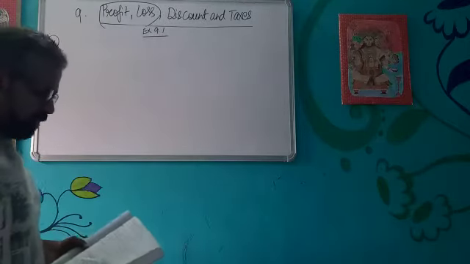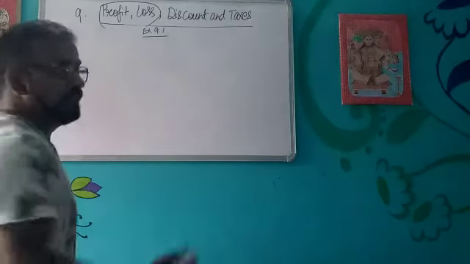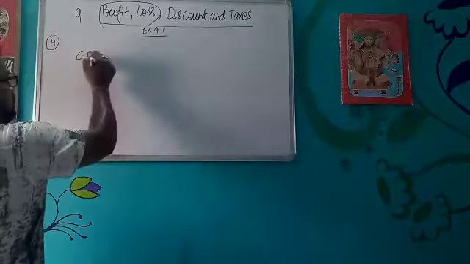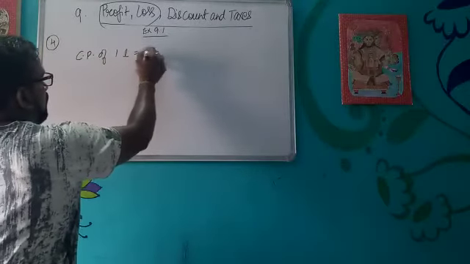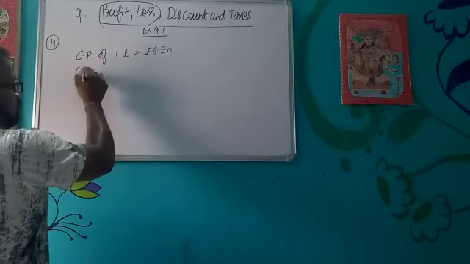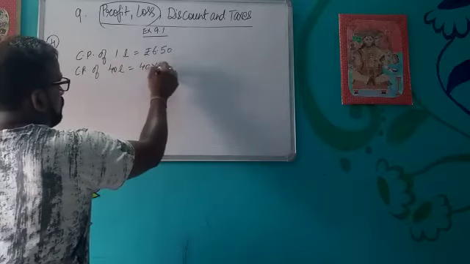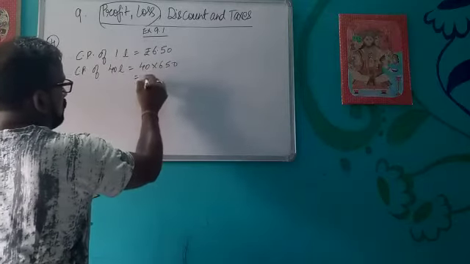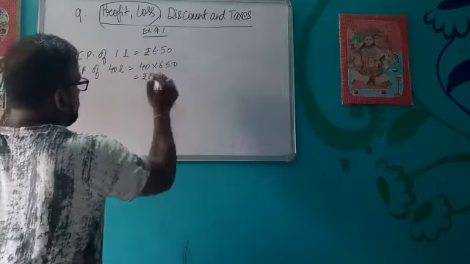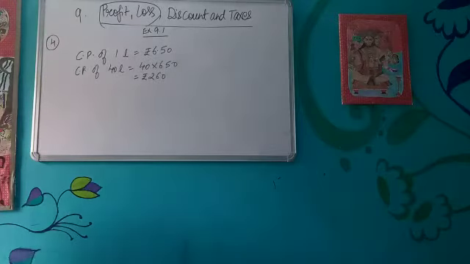Okay, so out of 40 liters of the milk bought at rupees 6.5 per liter. So what is given? CP of 1 liter is rupees 6.5. So we will calculate CP of 40 liters. You just multiply, you will get rupees 260. Now 6 liters of milk is lost by leakage.